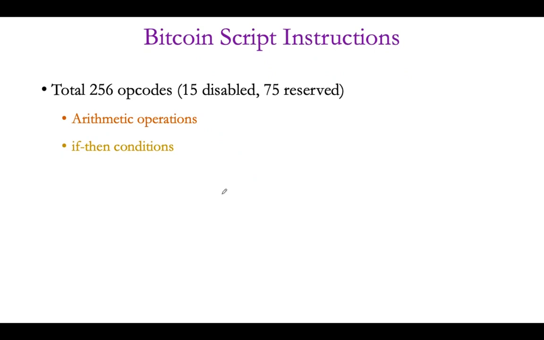Greater than, or less than, or greater equals. Yeah. So before spending, you are giving the condition. If the created coins and received coins are matching, then only you are able to spend those coins. So the if-then conditions will be there.